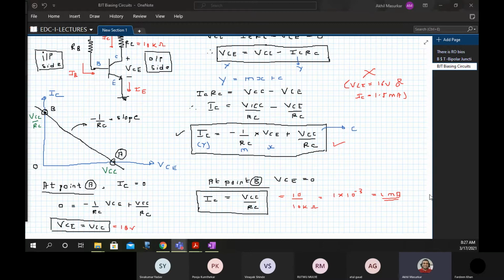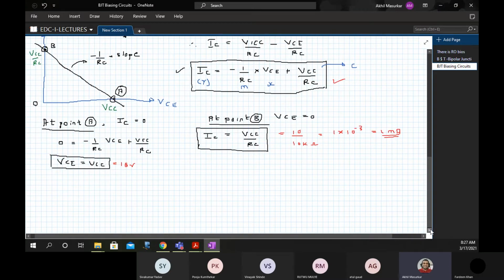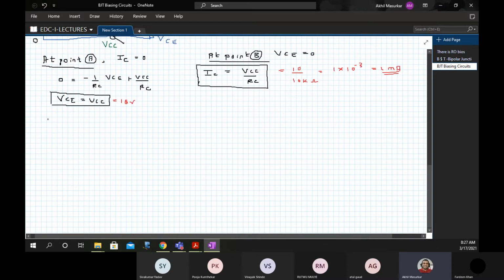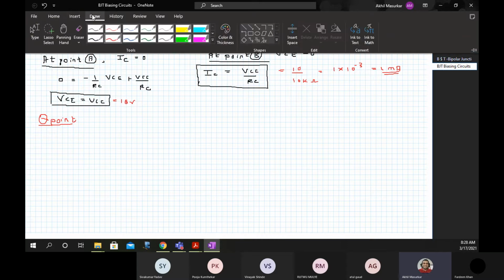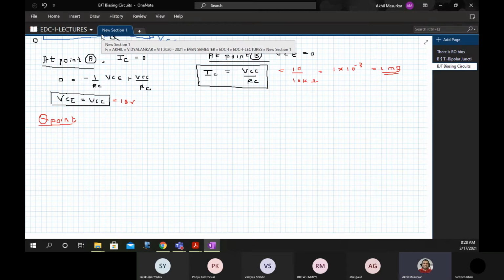Now, let's talk about the Q point in slightly more detail. What is a Q point? The DC bias point or the quiescent point identifies the transistor's collector current and collector-emitter voltage when there is no input signal at the base terminal.